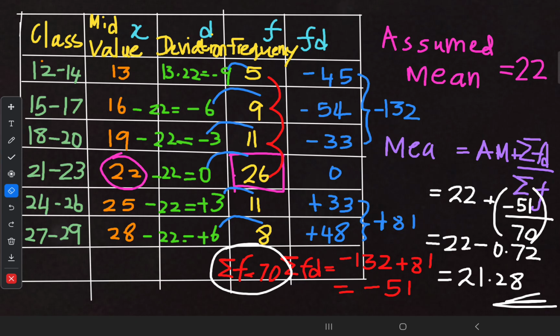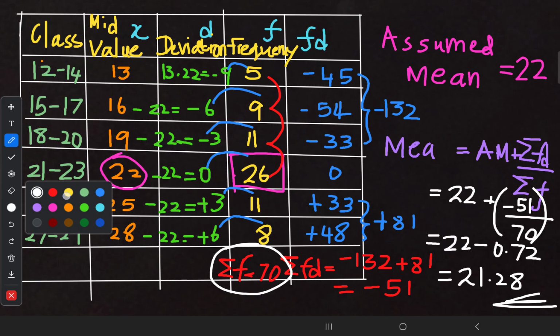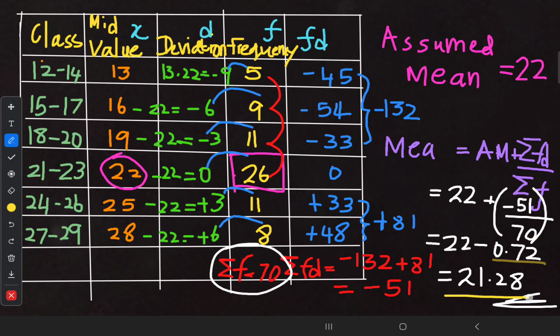After converting this to a decimal, that will give you negative 0.72. 22 minus 0.72 will give you 21.28 as your mean here. That should be your mean in this case.